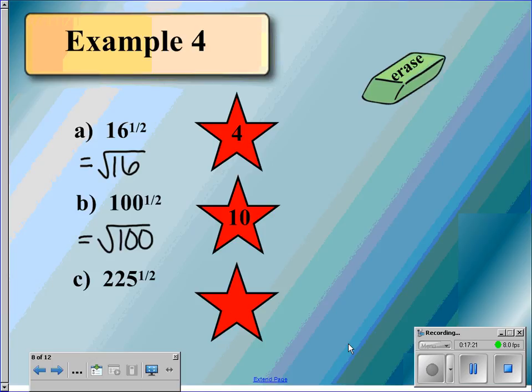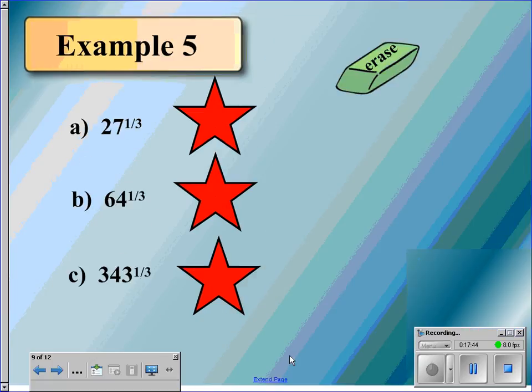What about 225 to the 1/2 power? 225 to the 1/2 power is the same thing as the square root of 225. What is that? Perfect. 15.